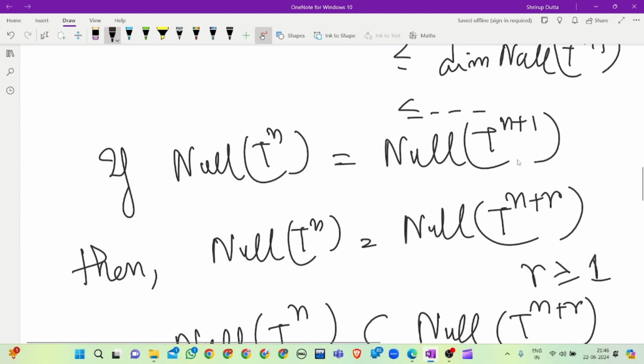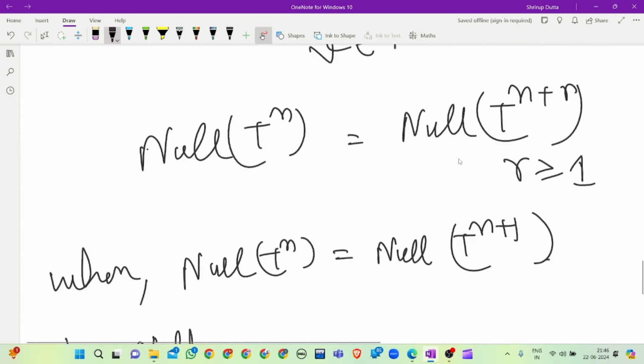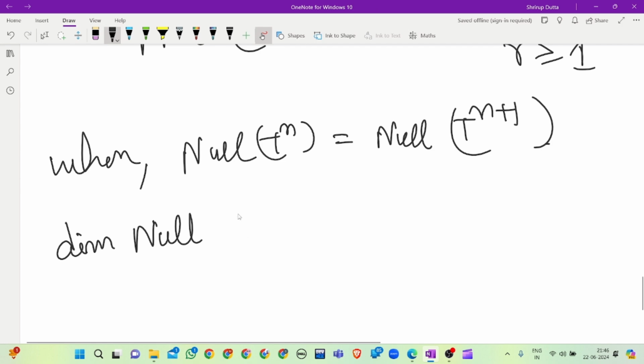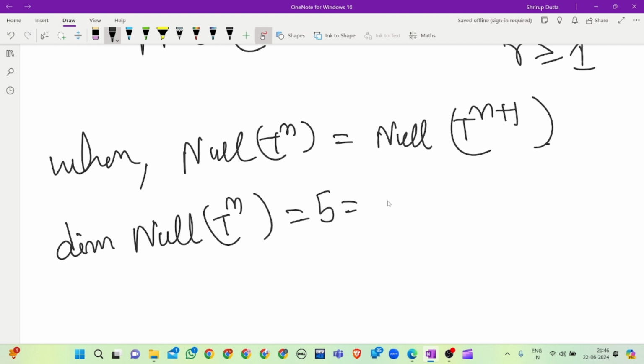Okay, so what we have: dimension of null of T to the power n. We previously have this equals 5, and since the maximum dimension is 5, this will be equal to dimension of null of T to the power n plus 1.